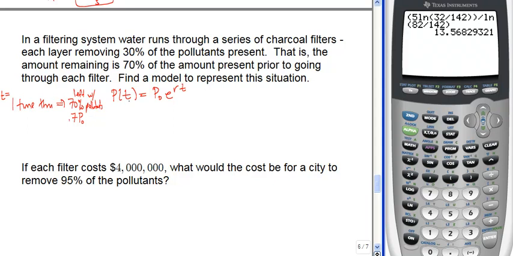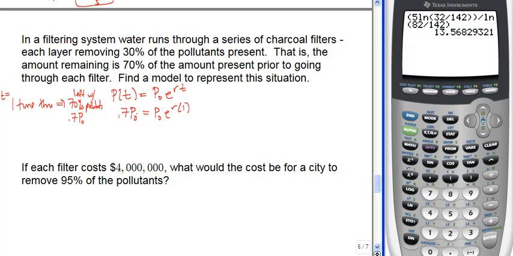So here my T is how many filters I'm going to need. So one filter leaves me with 0.7 of the original amount of pollutants. And that's when my T here, my number of filters, is 1.